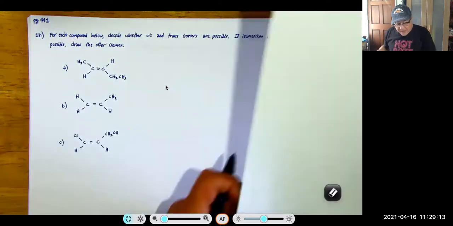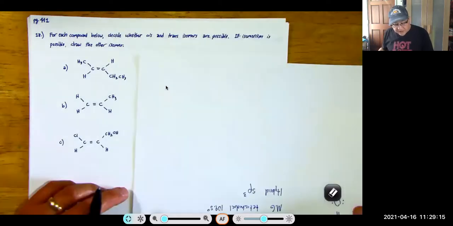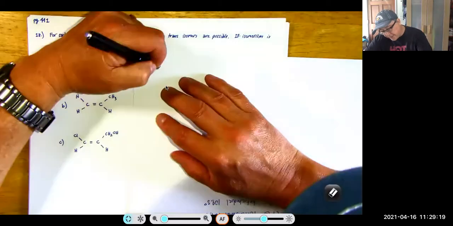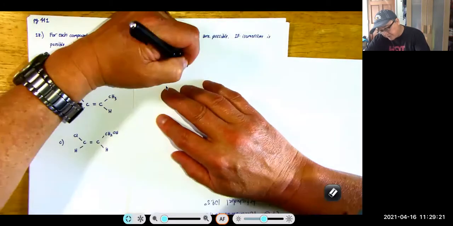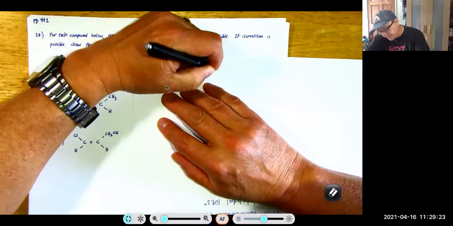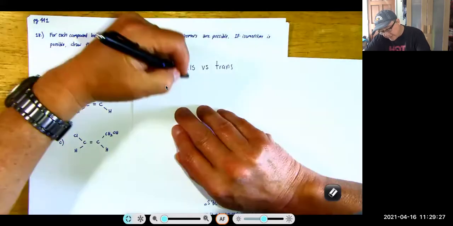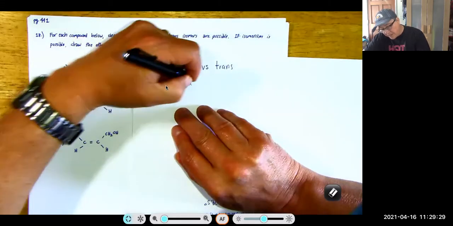For each compound, decide whether cis and trans isomers are possible. So let's review from yesterday, cis versus trans. For cis versus trans, you need your carbon-carbon double bond.